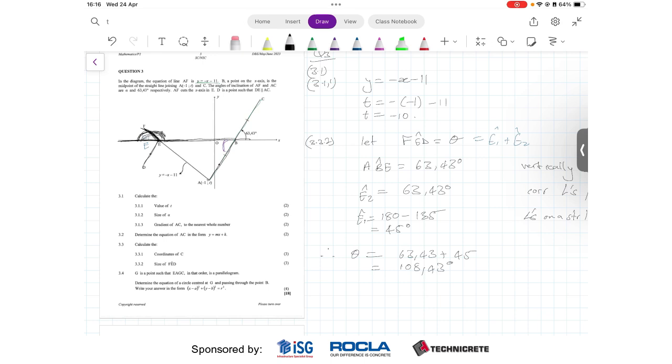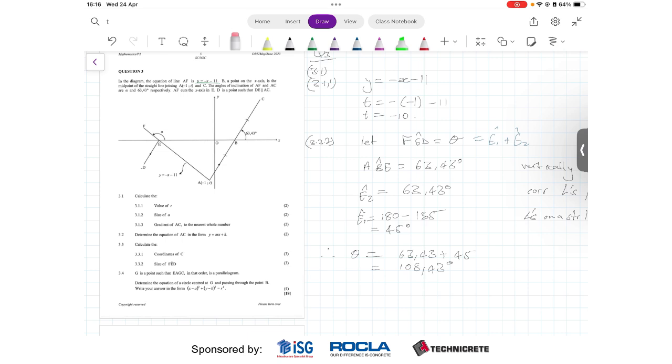You would find that angle DEO is equal to 116.57, because this angle and this angle add up to 180. Why do they add up to 180? Because they are co-interior angles where DE is parallel to AB. Okay, and that would be the end of that.